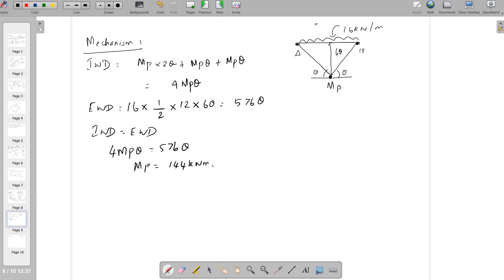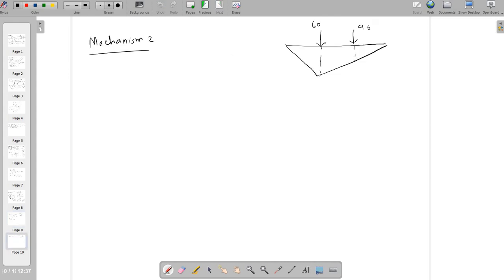The 16 is the ultimate load, using multiplying the load factor with the working load 5. So then only we can get the 16 kilonewton per meter. Here also we have to multiply with the load factor 90 into 3.2 and 60 into 3.2. So the span is 8. So here 8 theta is the deflection. Here 8 theta 1 is the deflection.